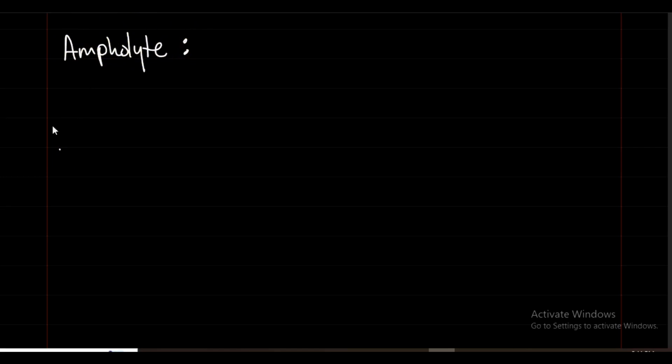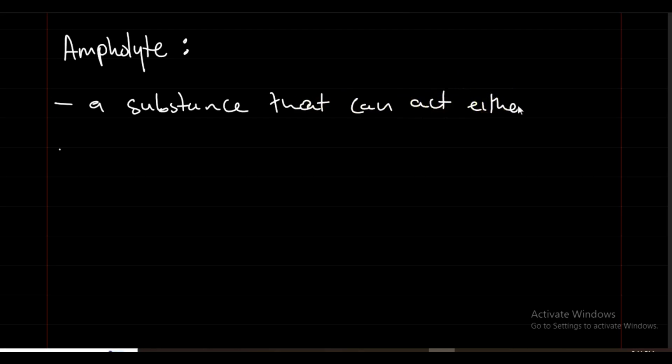An ampholyte is a substance that can act either as an acid or a base.